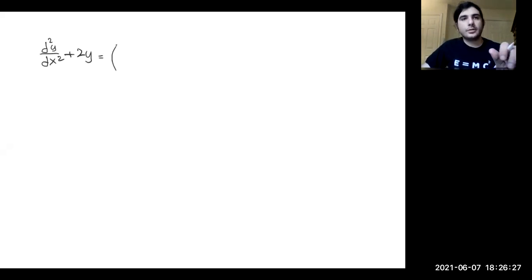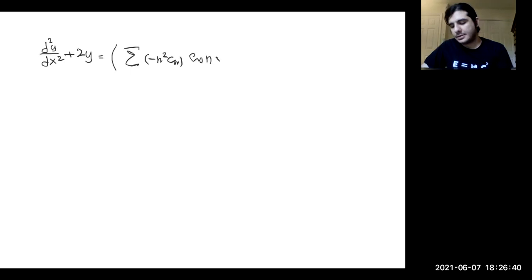Okay, so the left-hand side of our equation was the second derivative of y with respect to x plus 2y, right? Now this is going to be equal to, well, we computed that. The second derivative of y was sigma of minus n squared Cn cosine nx plus sigma of minus n squared dn sine nx.